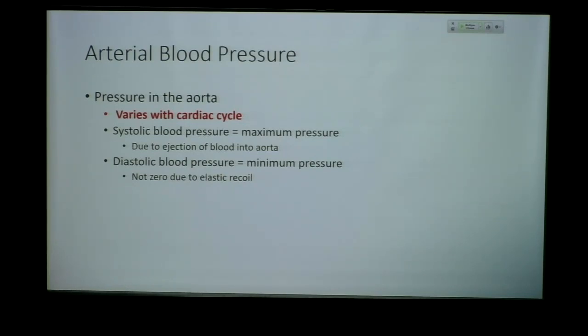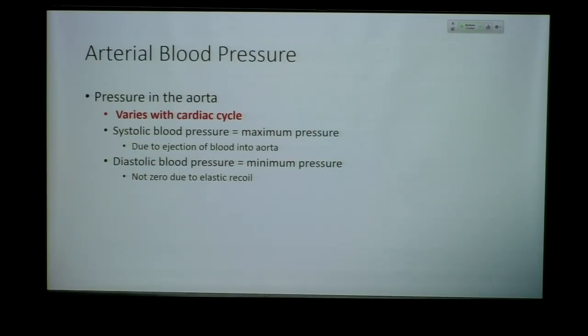Systolic blood pressure, that's the highest pressure we see, or the maximum pressure, and that is due to the forceful ejection of blood from the ventricle. Okay. Whereas diastolic blood pressure is going to be the lowest pressure we see, and that is after blood leaves the vessel and continues to move out into the peripheral circulation.